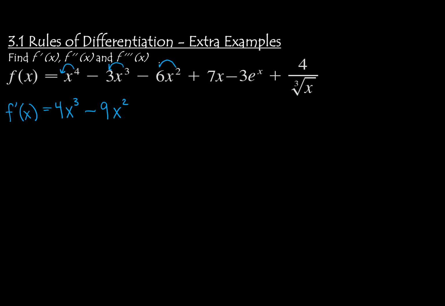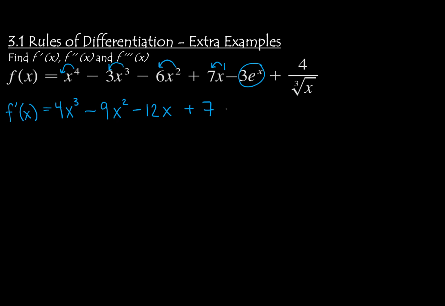For this one, I'm going to have the 2 come down, and I'm going to have negative 12x, and then 2 reduced by 1 is 1, so I'm going to have x to the 1. And then here, I'm going to have the exponent of 1 times 7 will give me 7. And remember that this gives me x to the 0, but x to the 0 is 1, so I don't have to rewrite that here.